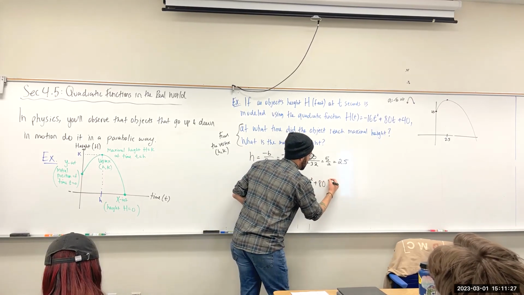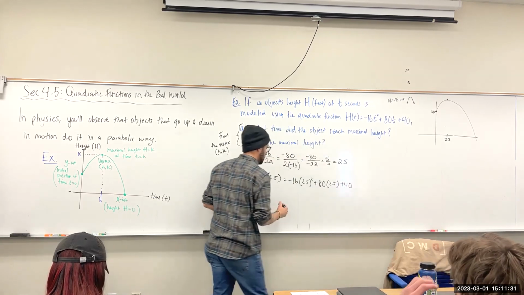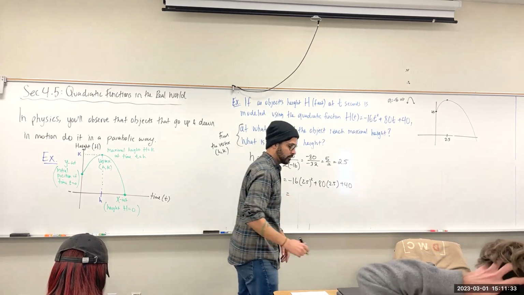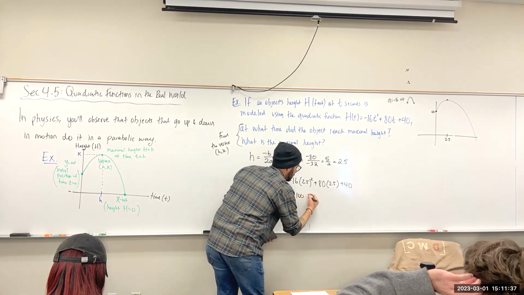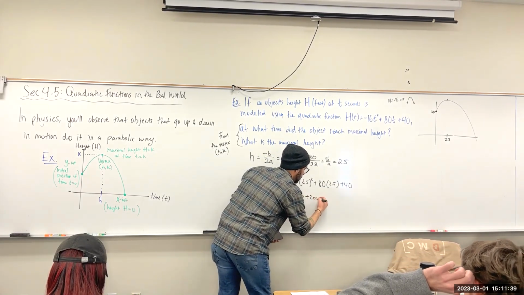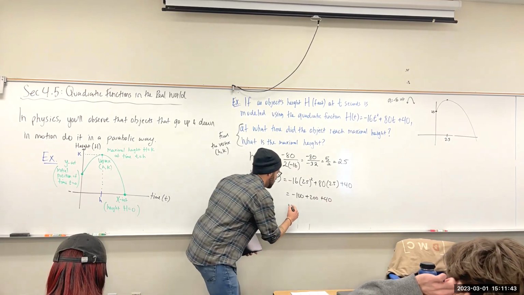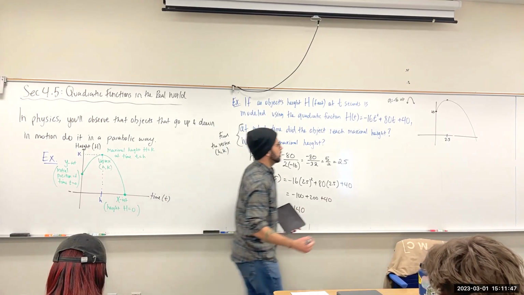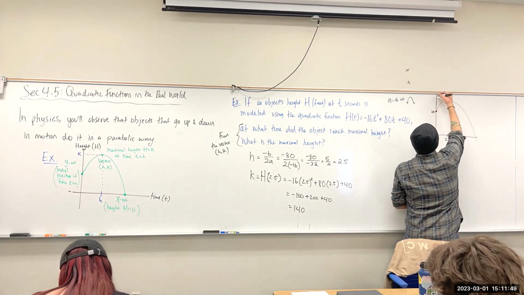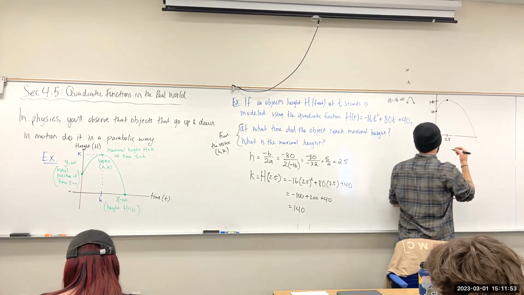Help me out here, calculator folks. Negative 100 plus 200 plus 40. What's that? Positive 140. So that's the maximal height.